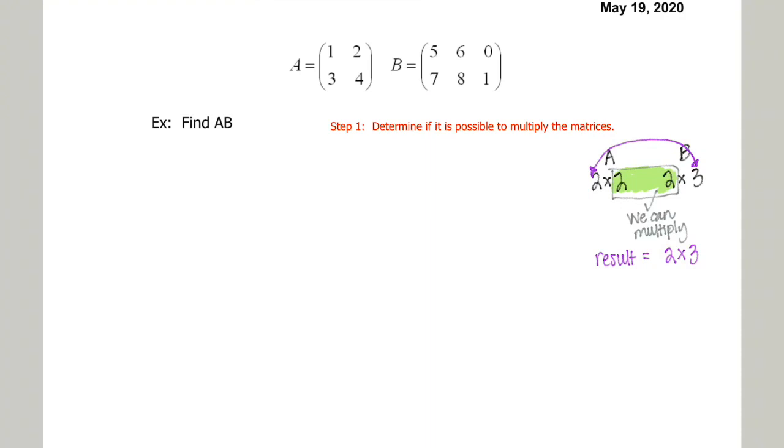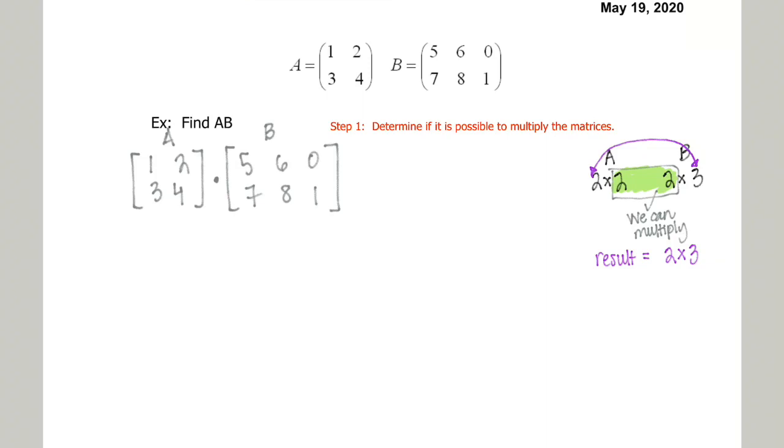And here we go. We've got 1, 2, 3, 4, and I'm going to multiply that by 5, 6, 0, 7, 8, 1. So this is matrix A and this is matrix B.